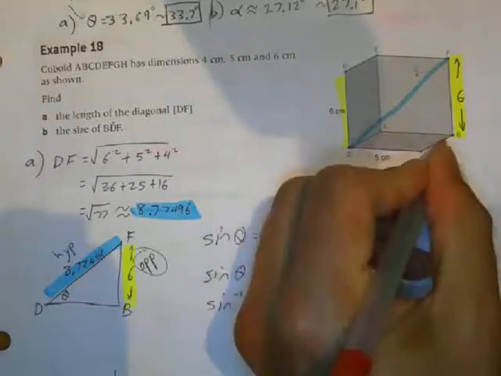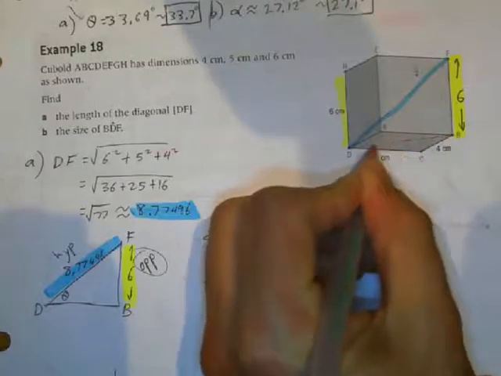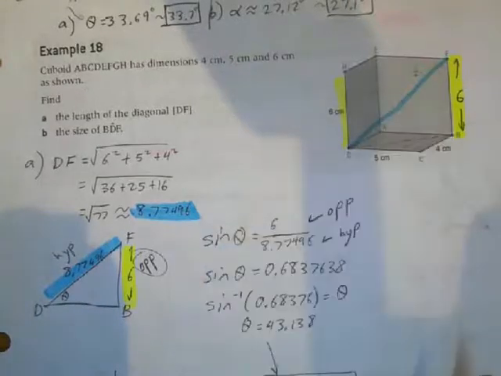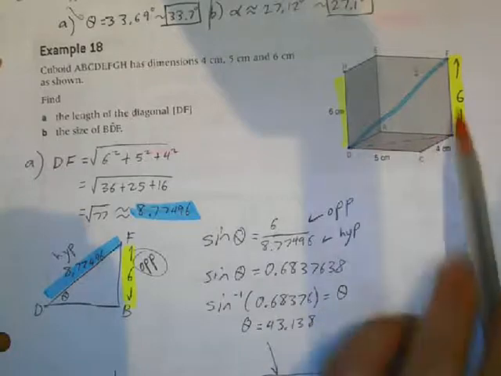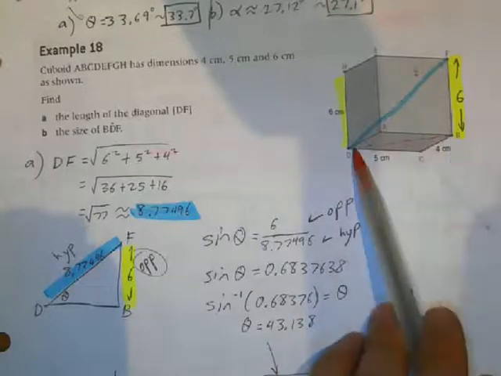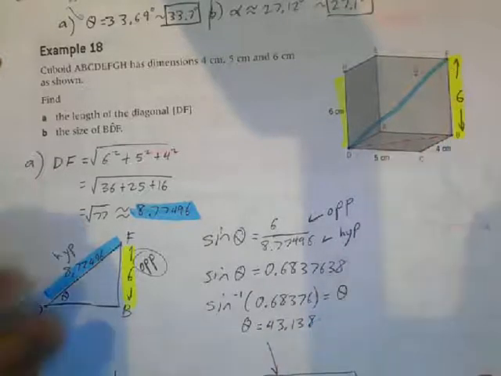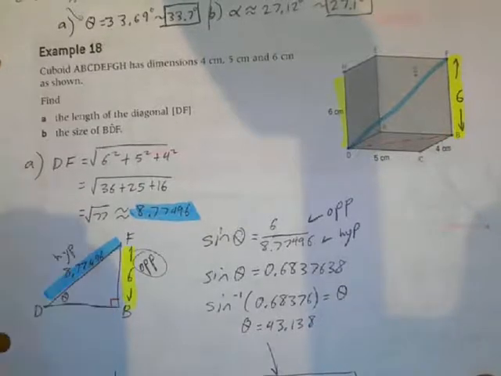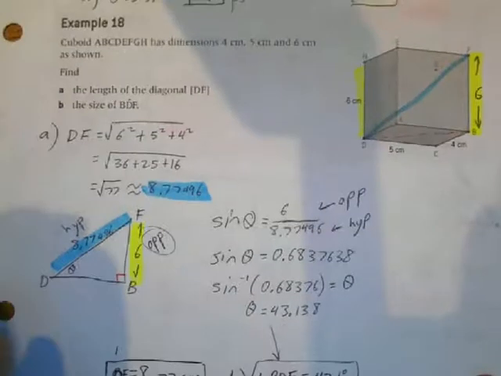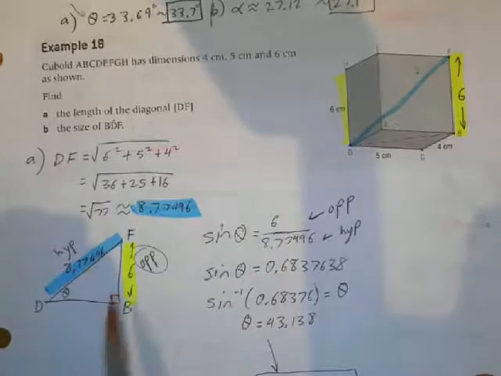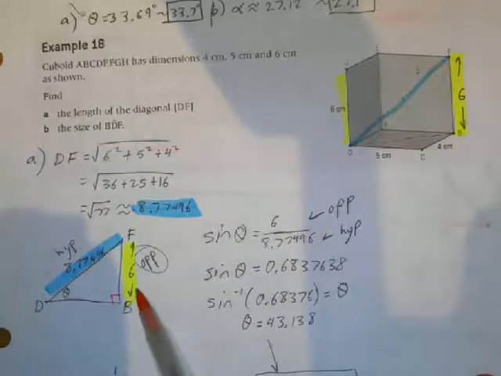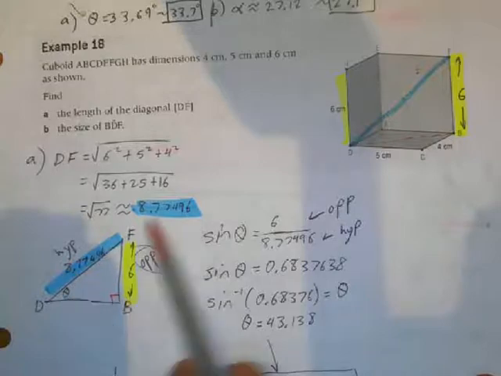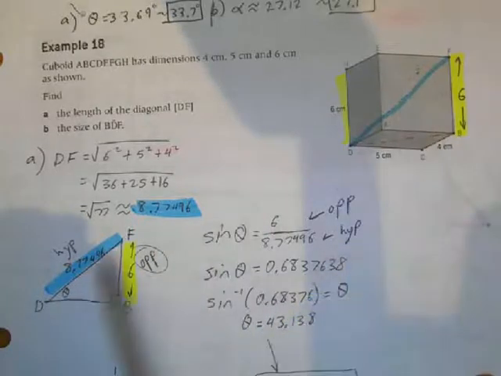Okay, so to find the angle from B to D to F, well, we know that the angle FBD, that angle right there, is going to be a right angle. And we already know that BF is a length of 6, and we just found out that D to F is 8.77.